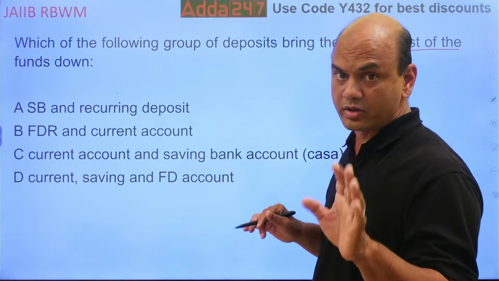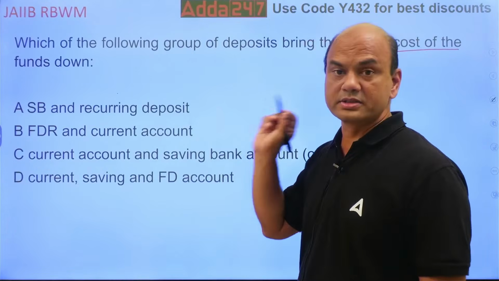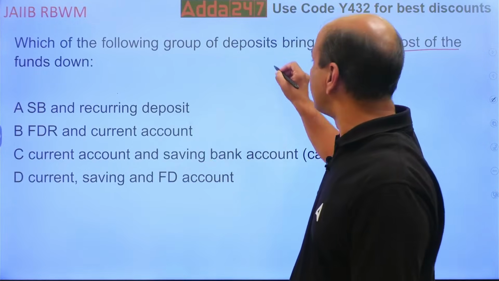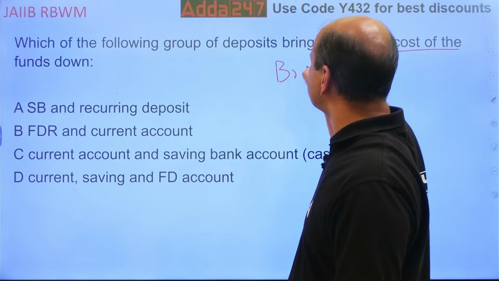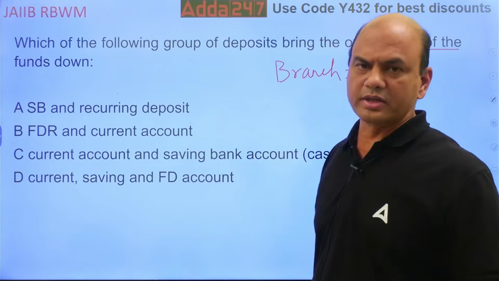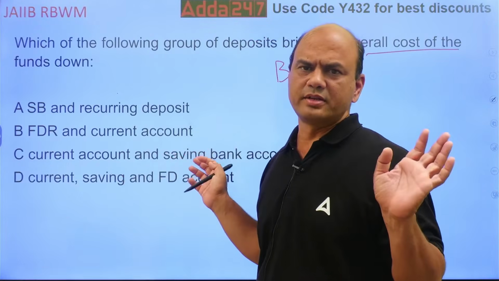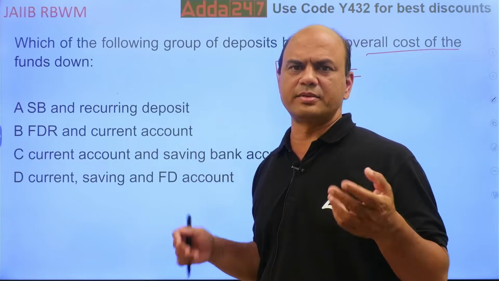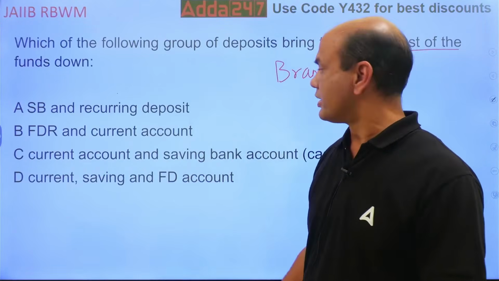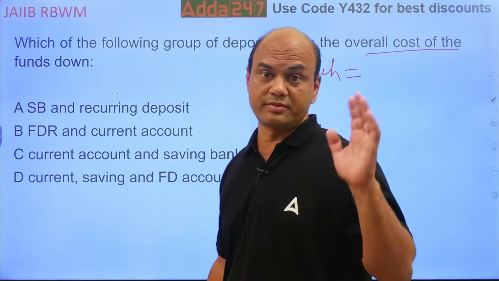Here we are talking from the branch's angle. We are not talking from the customer's angle. So for the branch, which deposit is the best? You tell me. Which are the best deposits? Okay, we'll go serially. The best deposit, if I want as a bank, which deposit will I want the best? Should I require FD or saving or current? Best one.